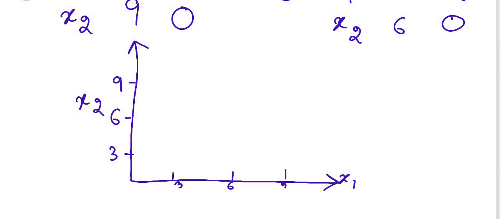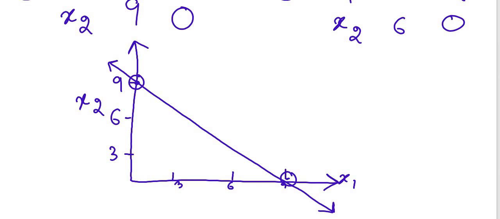So in the first case we have x1 = 9 and x2 = 9. This point we got and this point we got. So we have to connect both the points, like this.